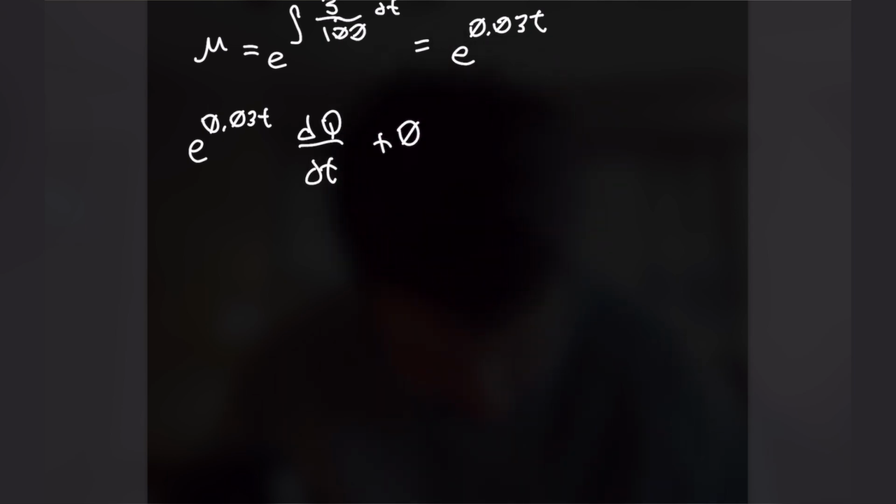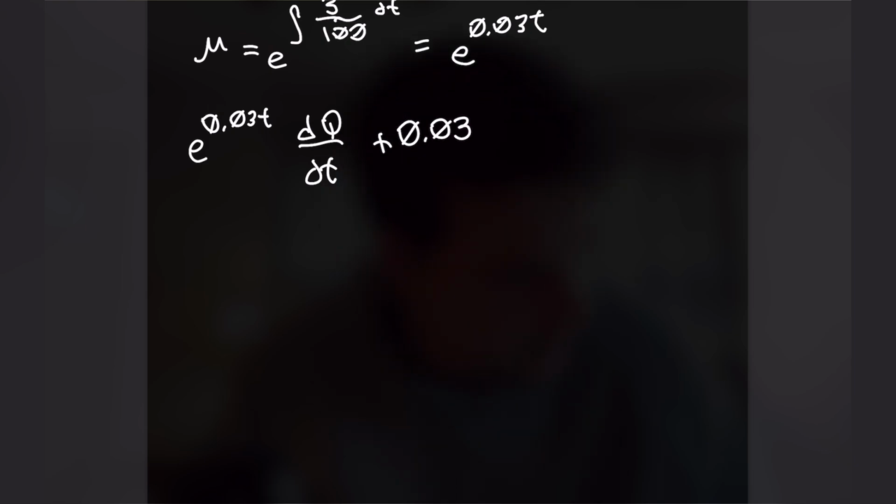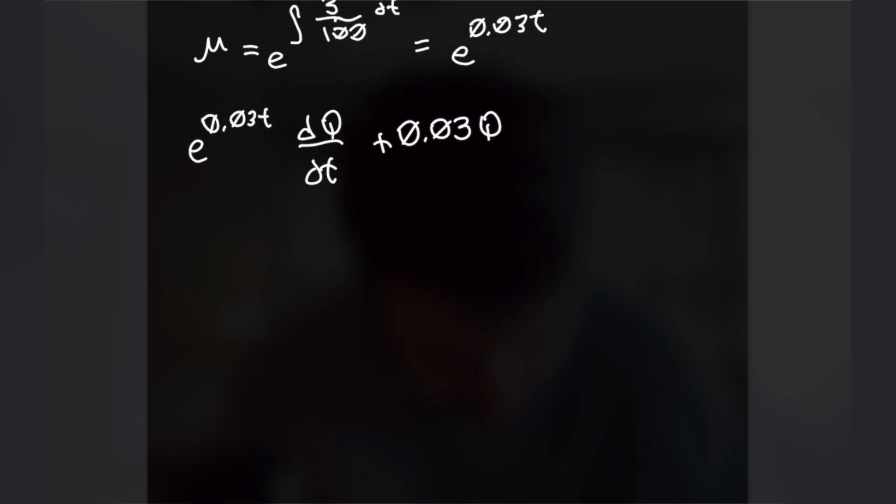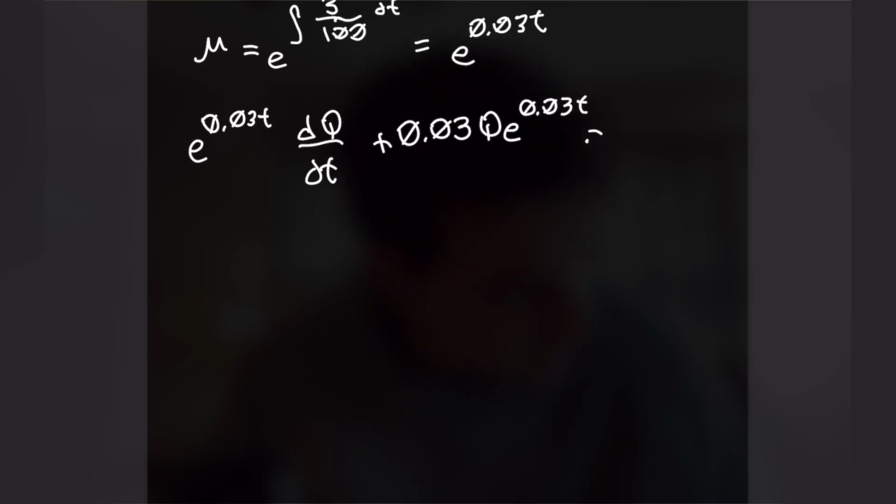So once we multiply that through, we should be able to write this as a derivative with respect to t like we did before. So we'll have e to the 0.03 t times dq over dt plus 0.03 q times e to the 0.03 t, and that's going to be equal to 3 times e to the 0.03 t.